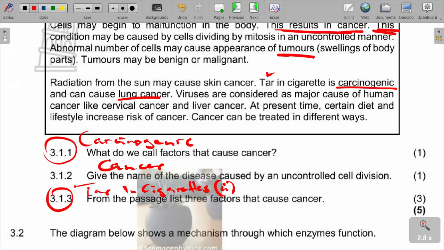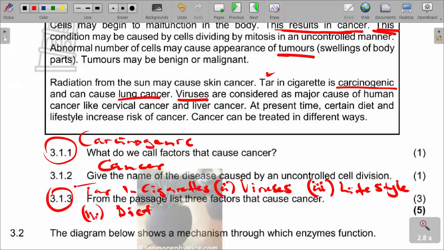It can also be caused by viruses, which are considered a major cause of cancer. And then it can also be caused by lifestyle, certain diet and lifestyle, which means we can also see that diet can cause cancer.